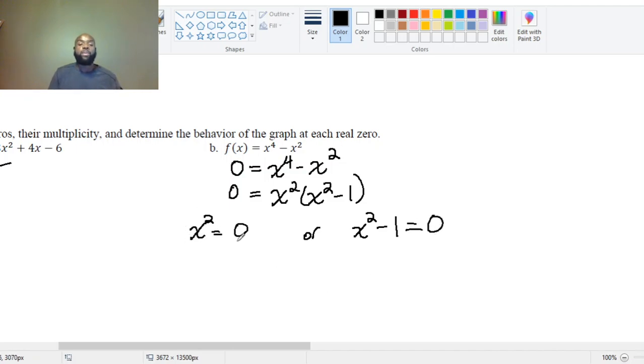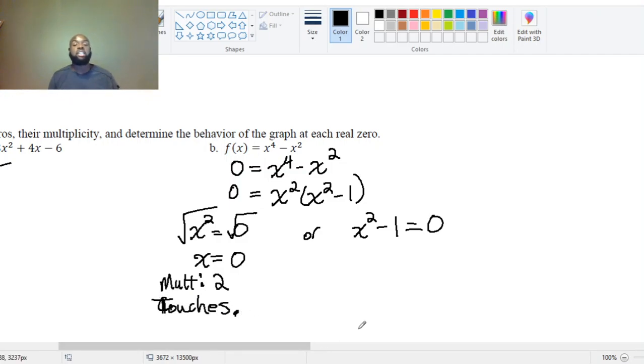If I take the square root of both sides, I get x equals 0. It's pretty clear that this x equals 0 comes from this x squared, which has a power of 2, right? So the multiplicity here is 2. And that means my graph touches my x-axis, but doesn't cross. I'm just going to say touches.